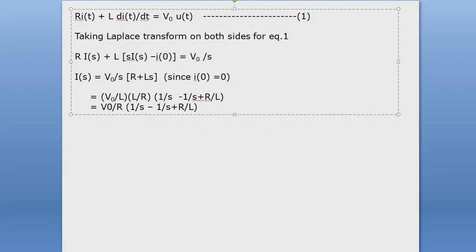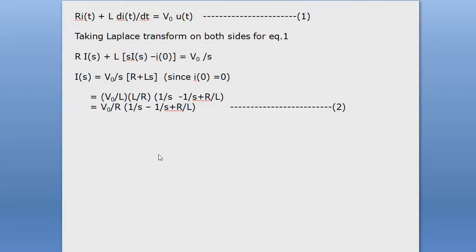Any doubt regarding this? This is equation 2. You write equation 2: V naught by R into 1 by s minus 1 by (s plus R by L).